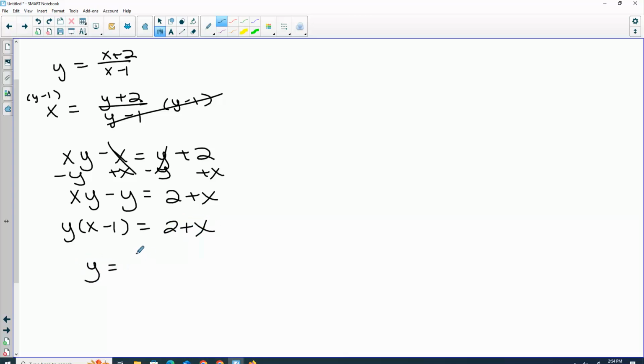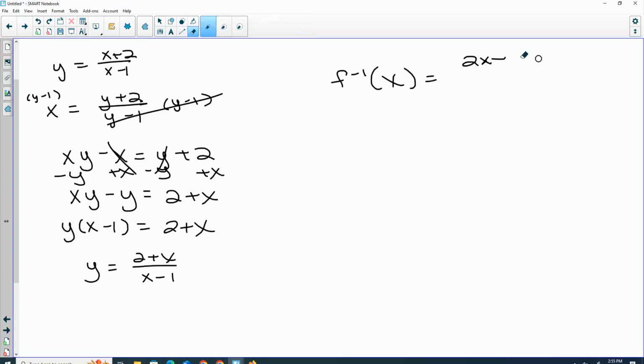Then to get y by itself, we divide, so that's 2 plus x over x minus 1. So final step, the inverse, 2 plus x or x plus 2 over x minus 1. Domain of the function is the same as the range of the inverse.